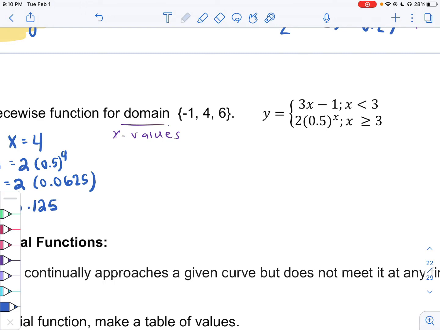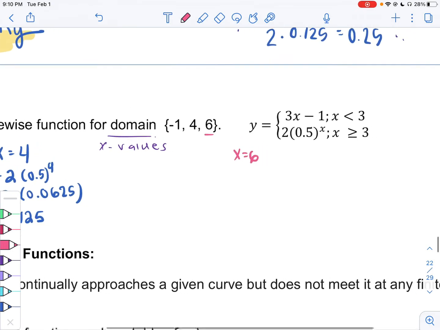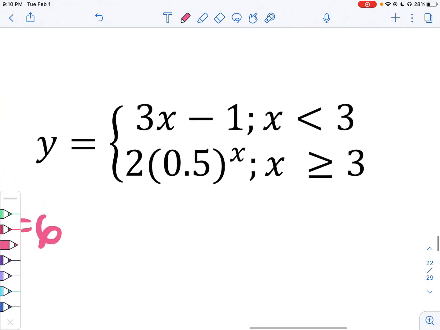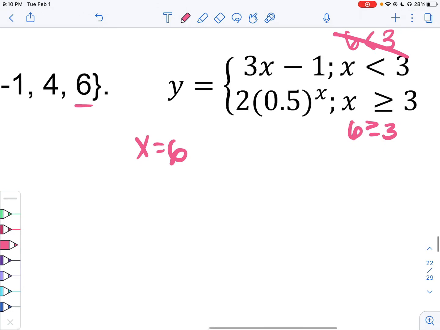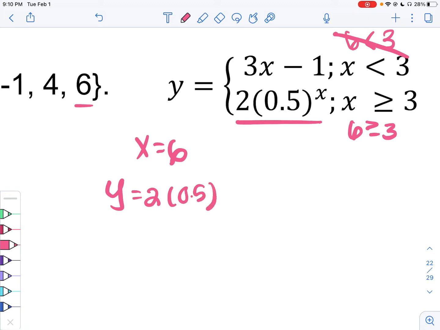Okay, last one on this problem is when x equals 6. So again, start with these inequalities. Well, is 6 less than 3? 6 is not less than 3, but 6 is greater than or equal to 3. So we're going to use right here y equals 2 times 0.5 to the x. Well, x is 6.